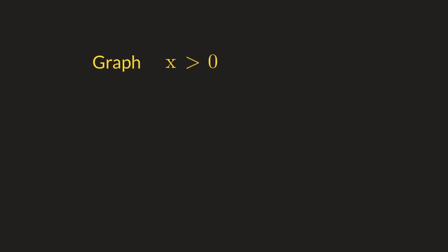Okay? Let's do this one. For some reason, anytime 0 gets involved, that seems to give us trouble. What is this inequality saying? X is greater than 0. Number line, put a 0 on there because that's the only number involved here. Open or closed circle?